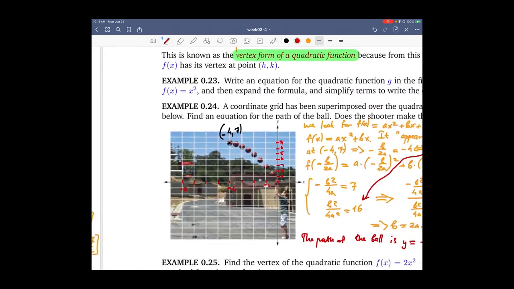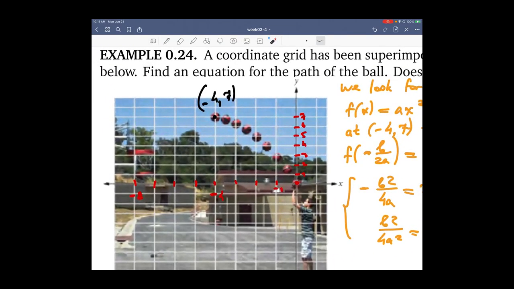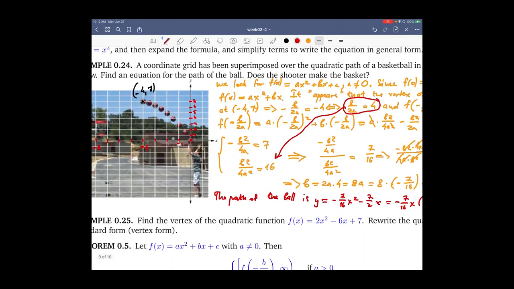Now, how do we answer the second question? Does the shooter make the basket? Well, in order for the shooter to make the basket, the ball must pass through the point, I would say, (−7.5, roughly 4). So what is the value at −7.5?